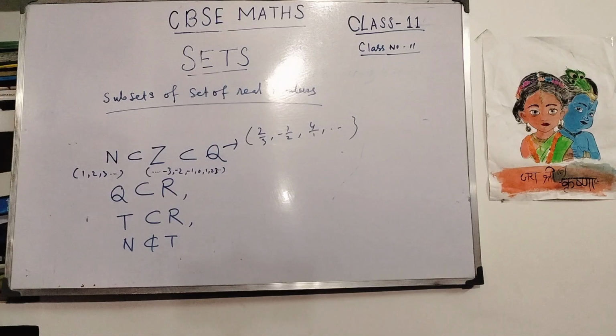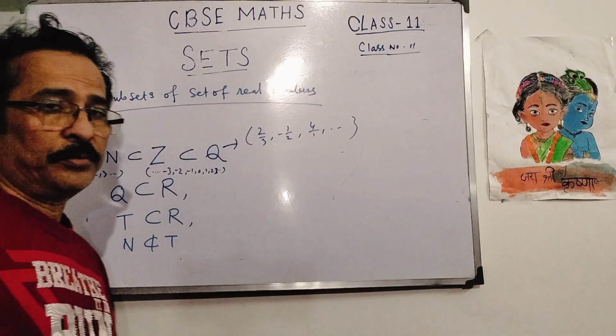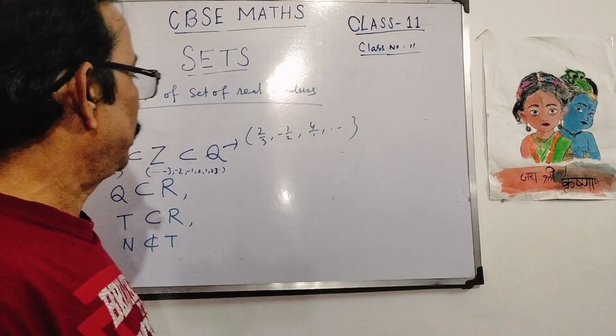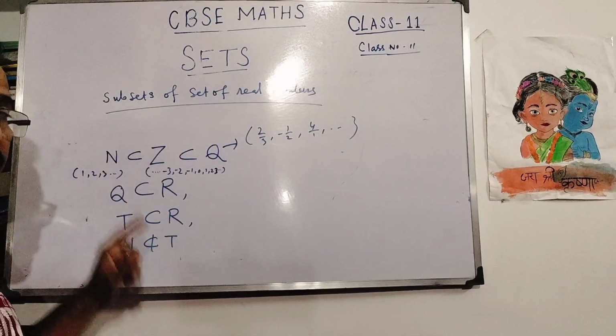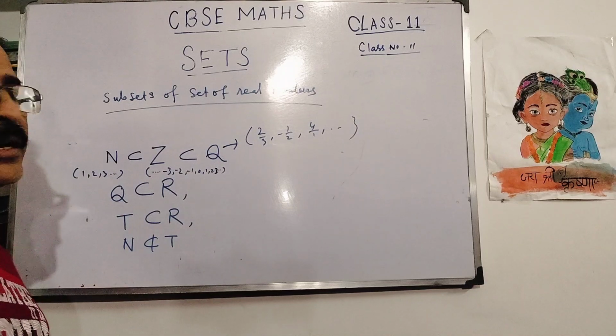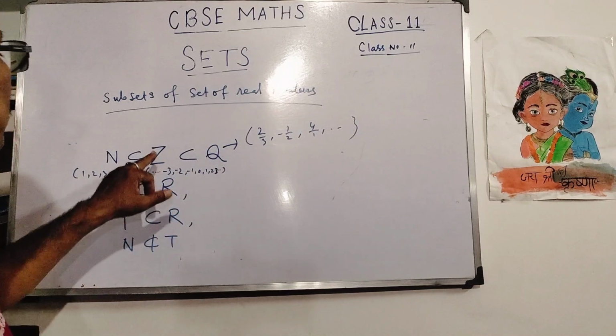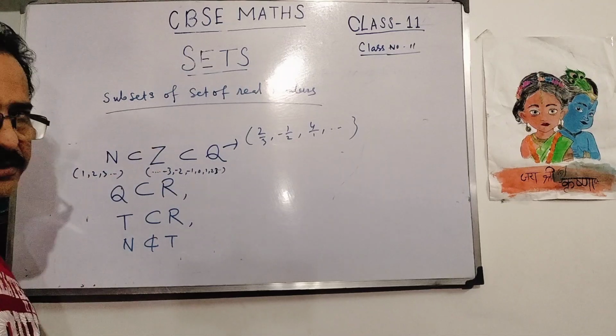So clearly, students, you see that the set of natural numbers is a subset of integers.